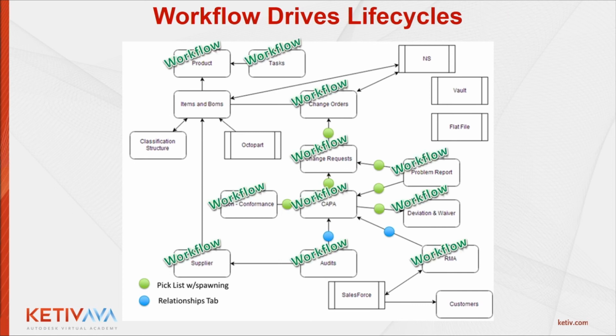So Lifecycle itself is super key in optimizing that handoff between those business groups, right? So if you want to optimize the handoff between your engineering group, Vault's probably the solution for you. In addition to that, if you want to be able to extend that data handoff to other groups, right? People in quality, those people in sales.